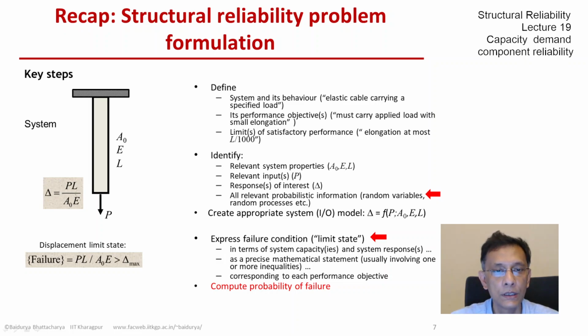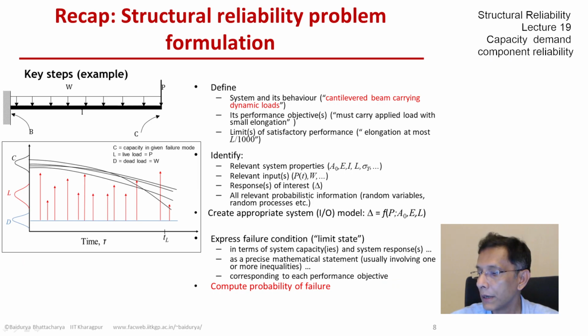So let's look at some examples. Instead of that cable which we had in the previous slide, suppose we have a cantilevered beam carrying dynamic loads, because P, the tip load, may be dynamic in nature, in addition to the dead load, which is time invariant.